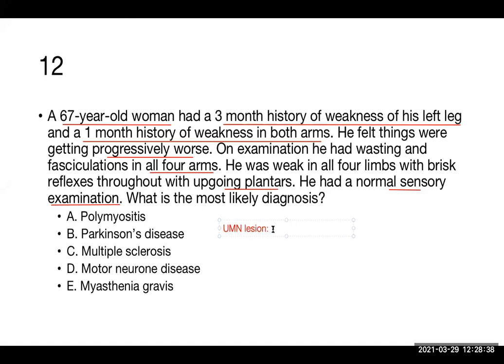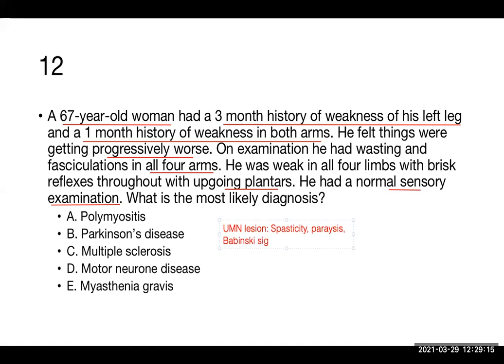What happens if this upper motor neuron is damaged? The person will have spasticity. Increased tone is called spasticity, and it has a specific feature, spastic type of weakness or paralysis. Paralysis also occurs here, but that paralysis is not as dense as in lower motor neuron lesion. It has Babinski sign. Babinski is upgoing plantar.